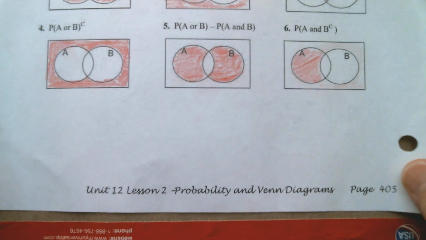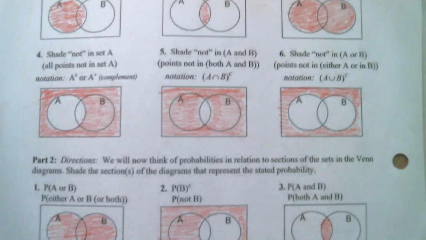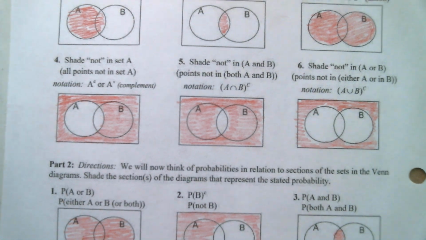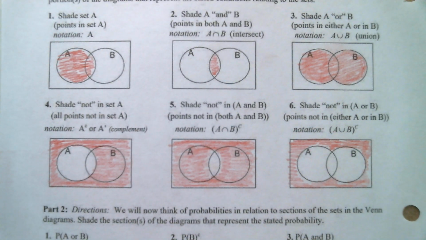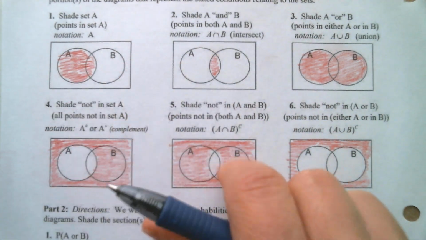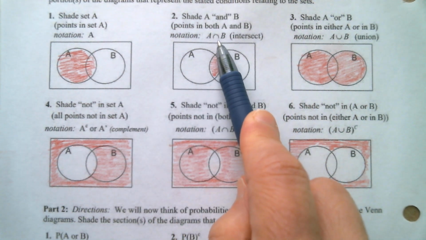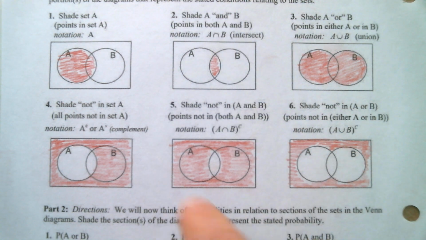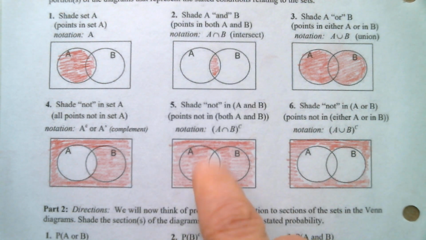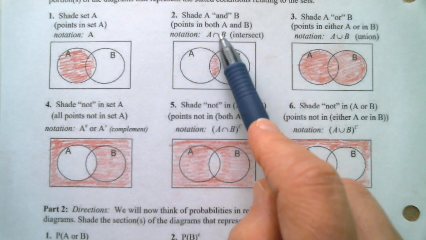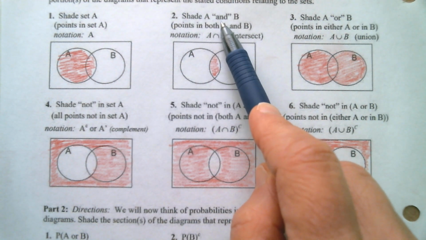And then page 405. Shading set A. Shade A and B, again the notation here, this is for and, looks like the upside down U. Or if you think of it as an N for and, the N in and.